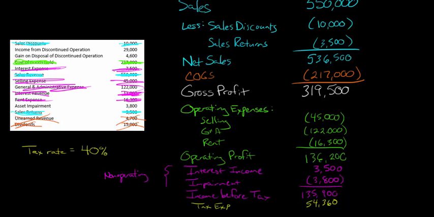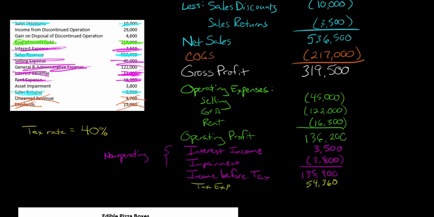And so now we deduct that, and then we're going to have our income from continuing operations. If we didn't have any discontinued operations, we would just call this net income. Okay, that's $81,540.